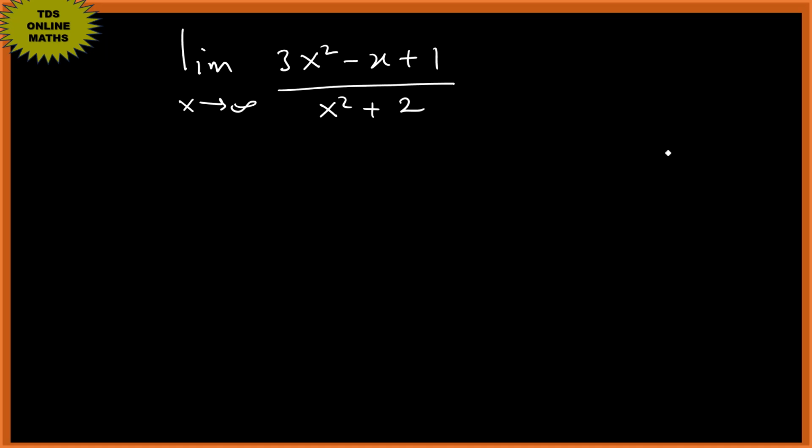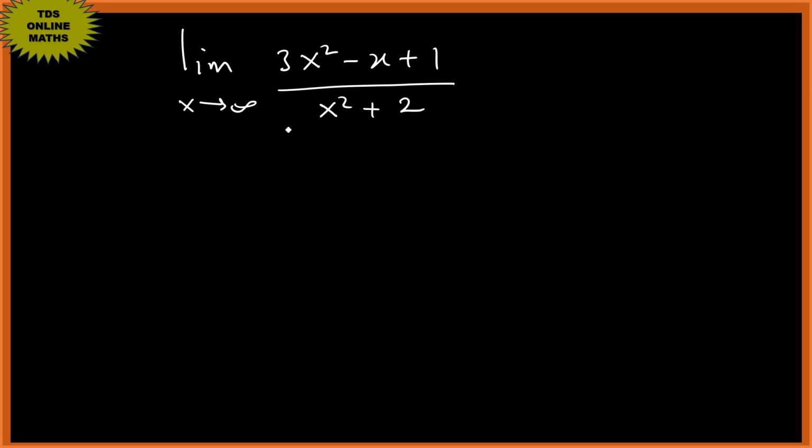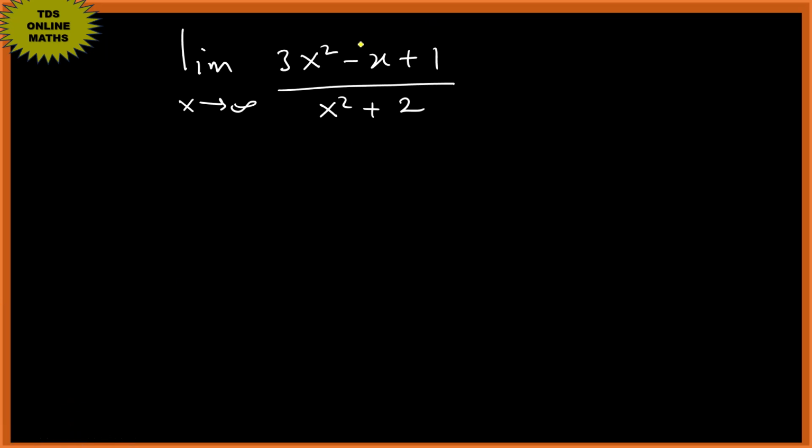All right, let's consider this limit. This one is a limit at infinity. To evaluate the limit of a given function as x approaches infinity, we always divide each term in the function by the x with the highest power. Considering the function here, the one with the highest power is x squared.